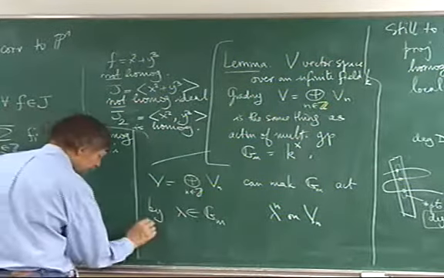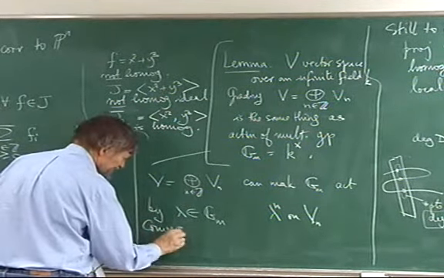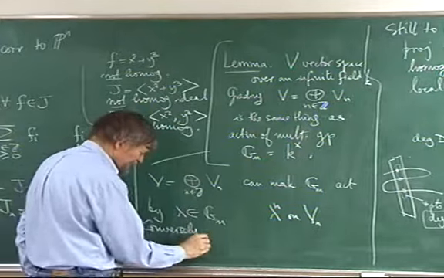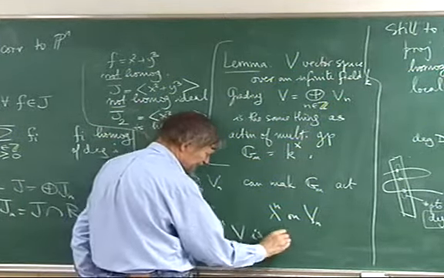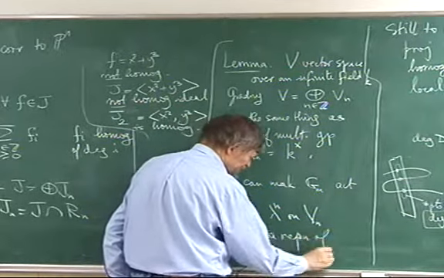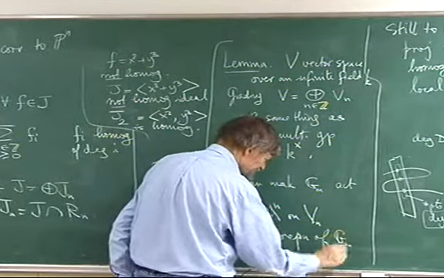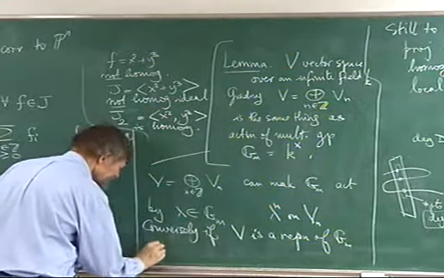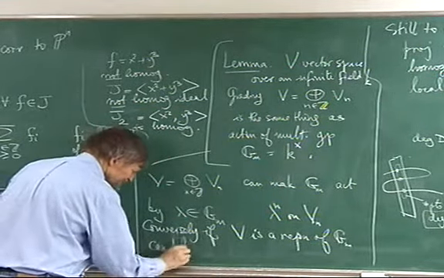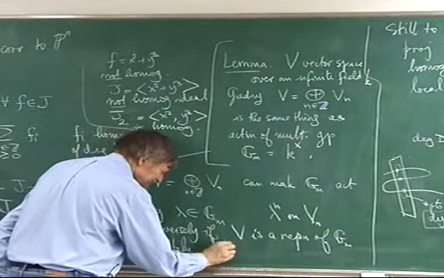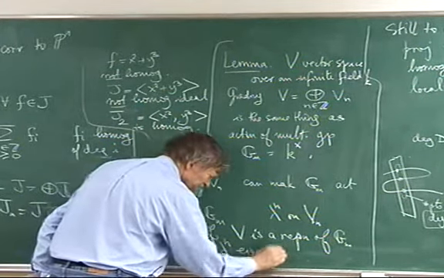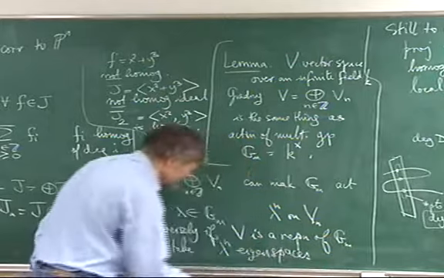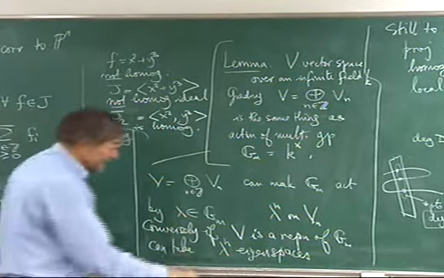And conversely, if V is a representation of G_m, then I can take the lambda to the n eigenspaces as V_n.